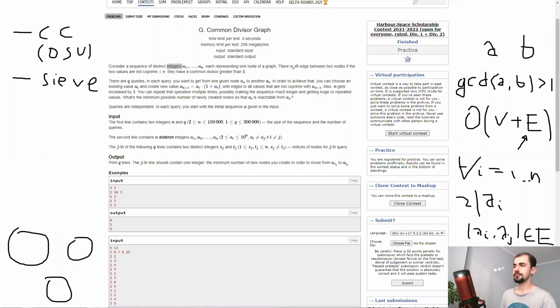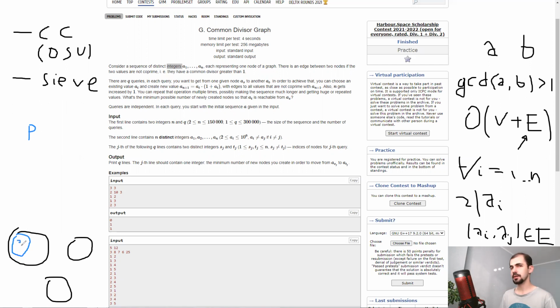Now what we can do with this information, our idea was that for each prime, each prime gives birth to some components, not necessarily the same as the resulting component.